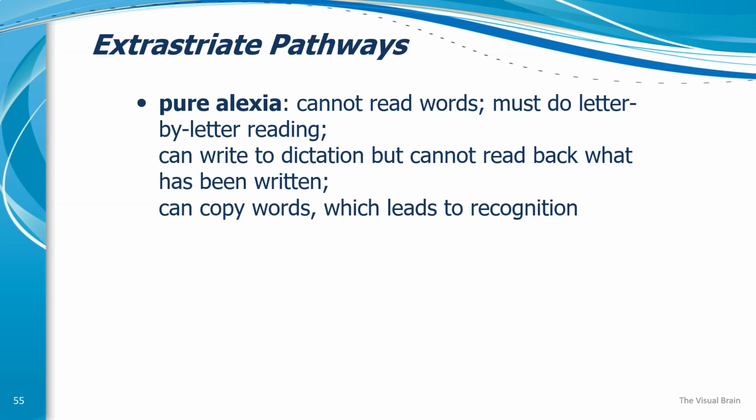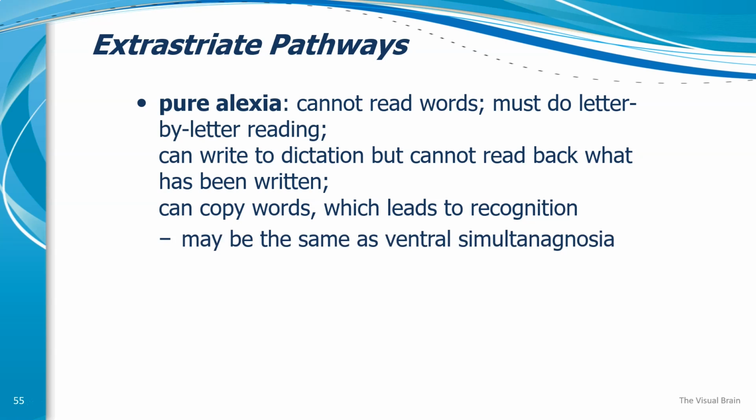Now, if they suffer this kind of brain damage later in life, when they can read and write, they can write to dictation. They can take a letter. But then if you ask them to read it back, read what they've just written, they have to go letter by letter by letter. Interestingly, this has some similarity with ventral simultanagnosia. So people have proposed there might be some overlap here.